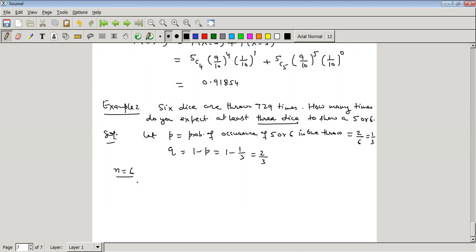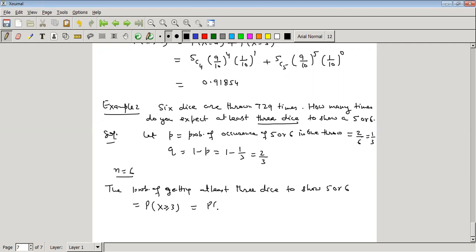So the probability of getting at least 3 dice to show 5 or 6 is equal to the probability of x greater than or equal to 3. So we can write this as probability of x equal to 3 plus probability of x equal to 4 plus probability of x equal to 5 plus probability of x equal to 6.